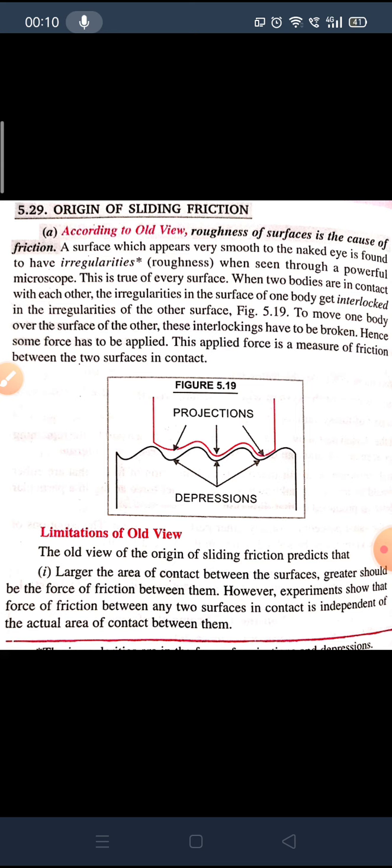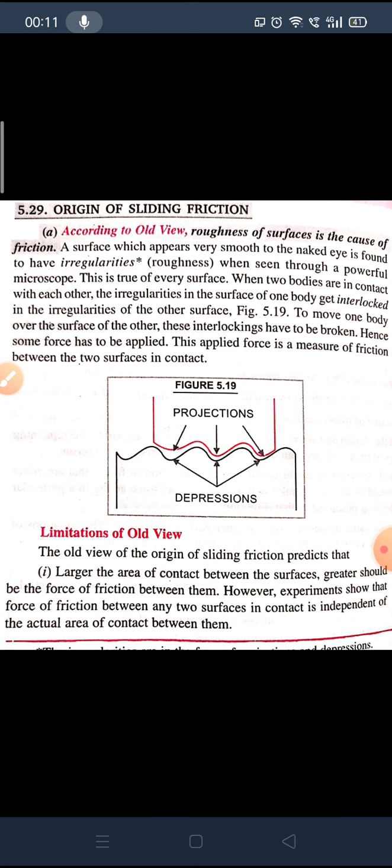But from the experiment it is verified that if the surface area in contact is larger, it is not necessary that the friction force is large. That we'll see in the experiment. So this is the first point that denies the old view that roughness of surface is the cause of friction.